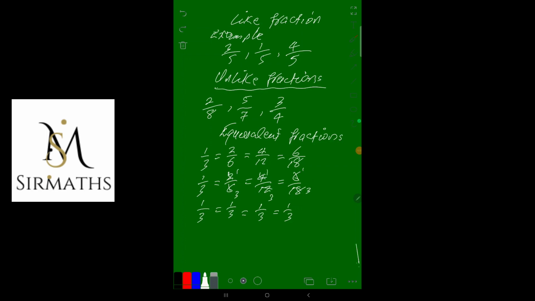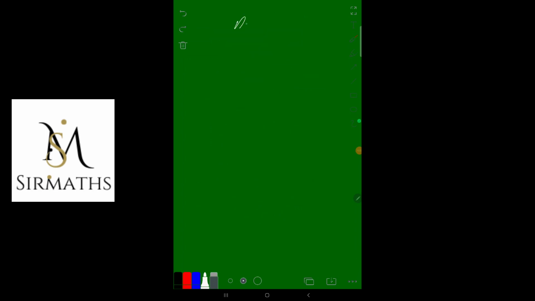We also have decimal fractions. Decimal fractions are fractions that are expressed in decimal form. For example, 1 over 2 is 0.5. 1 over 4 is 0.25.